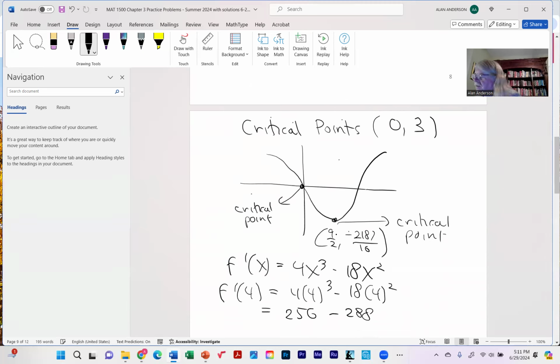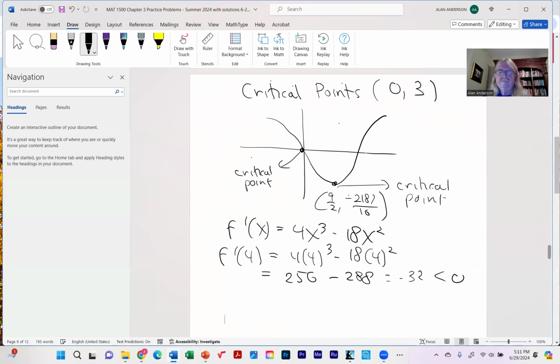Okay, so it's negative as we expected. And then we'll try 5, which is a point just to the right of this critical point. What do we have? 500 minus 450.